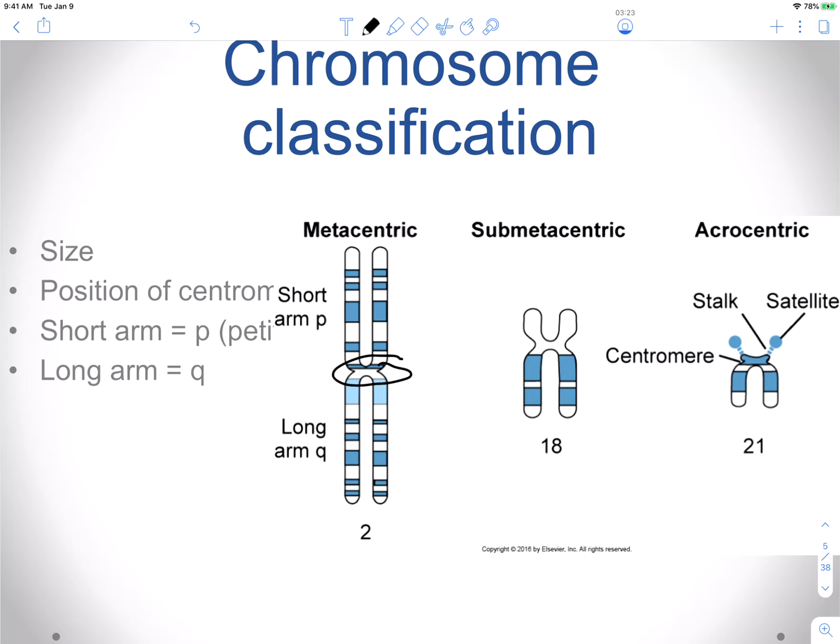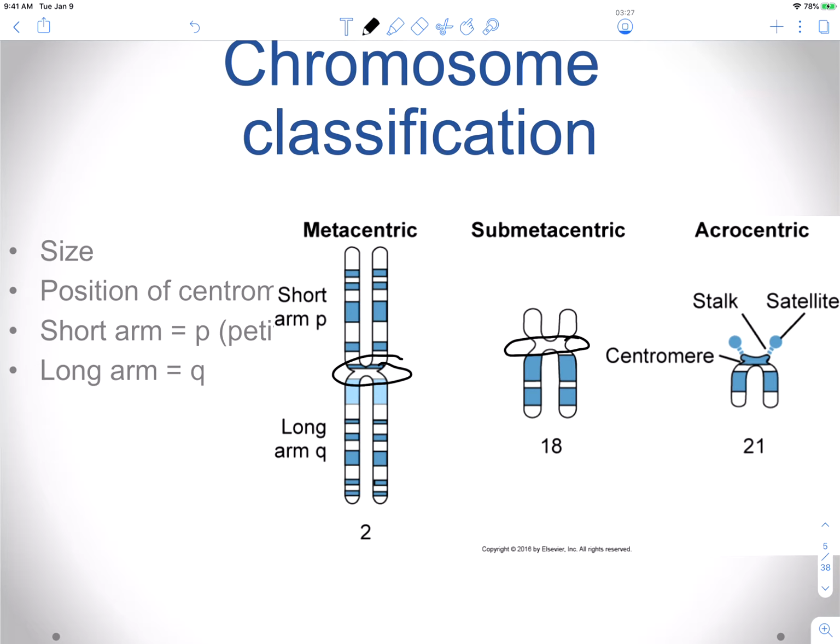And here you have the centromere favoring one side or another, and that's submetacentric. And then you also have the case where you have a centromere, and it literally is separating the chromosomes based on genes on one side, and on the other side is what's called a satellite. And oftentimes you lose those satellite genes, and that's an acrocentric chromosome.